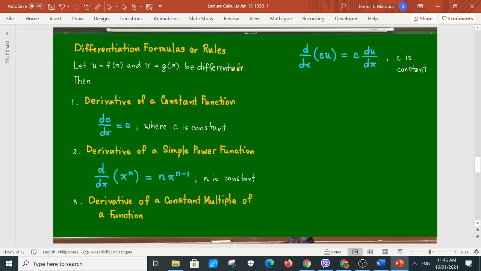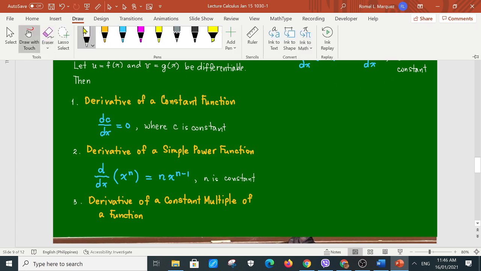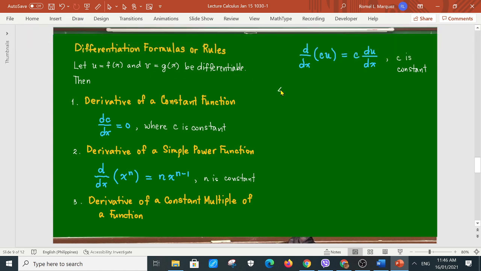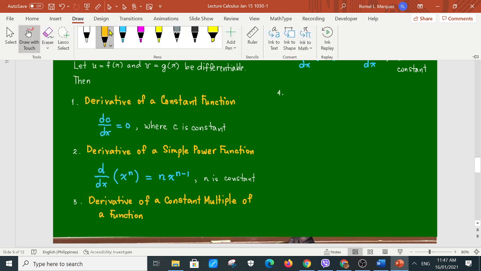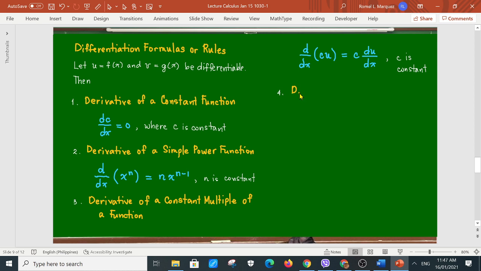Next, the fourth formula, number 4, the derivative of a sum of functions. Actually, the difference is a special case of this.